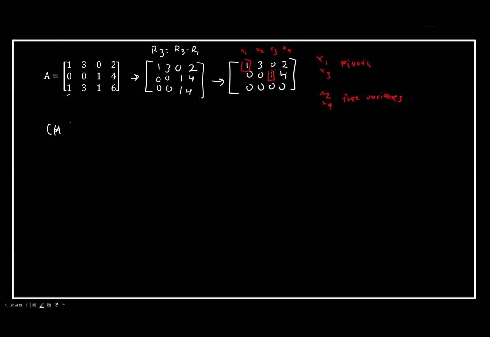So for the row space, a little transpose there. The space looks something like this: 1, 3, 0, 2, and 0, 1. So this is our row space.